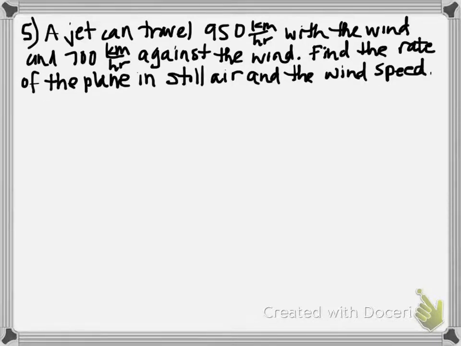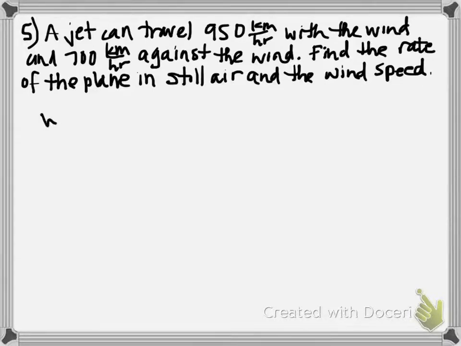Okay, so this one is totally weird in that there's nothing about time, there's nothing about distance. All we know is with the wind and against the wind, rate. So we're going to only focus in on the rate part of our chart. We're not even going to do a full chart here.